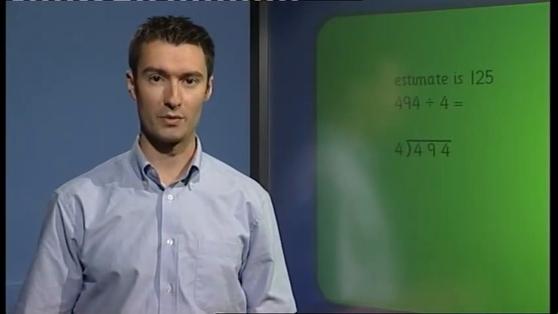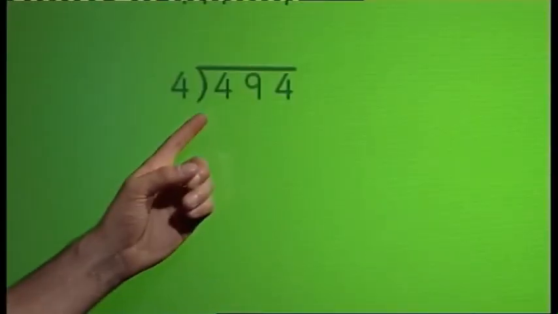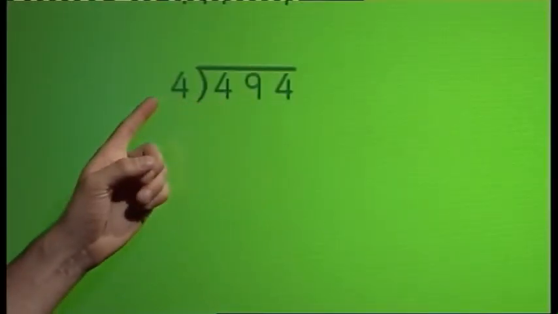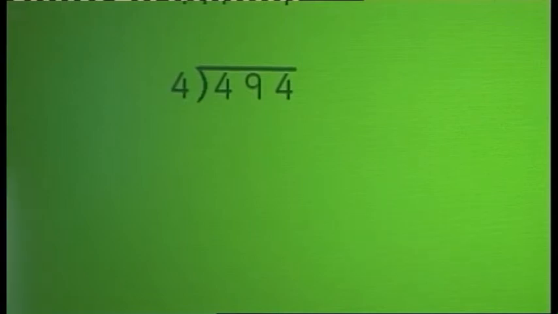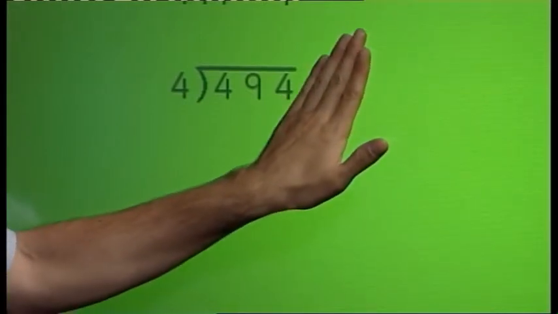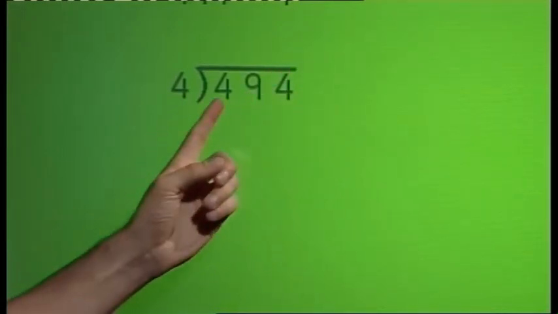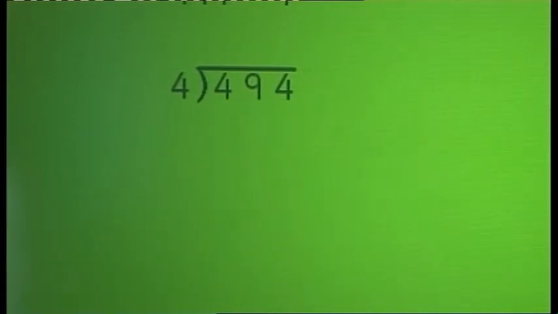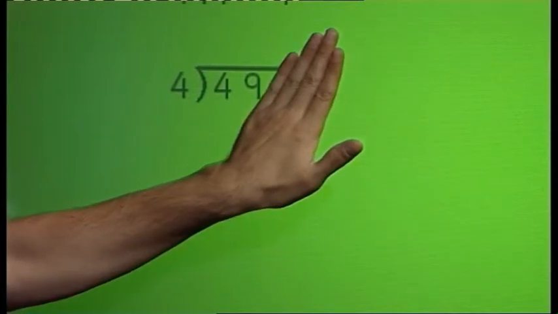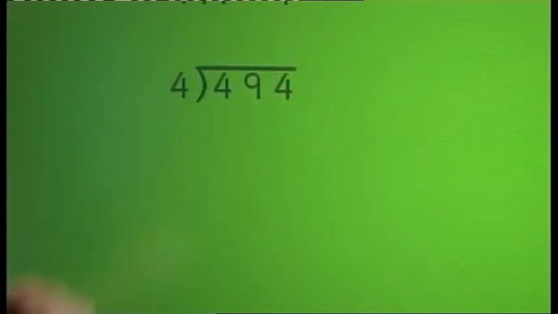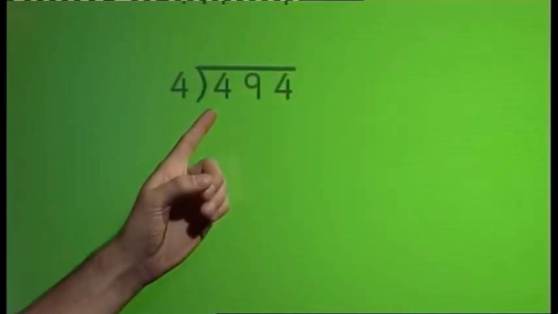Let's start over again with the same division. 494 divided by 4. Now, the last time I ignored the units and just looked at the tens. But there's no reason why I shouldn't start by ignoring both the units and the tens and just working with the hundreds. Now I'm looking at the much easier question.